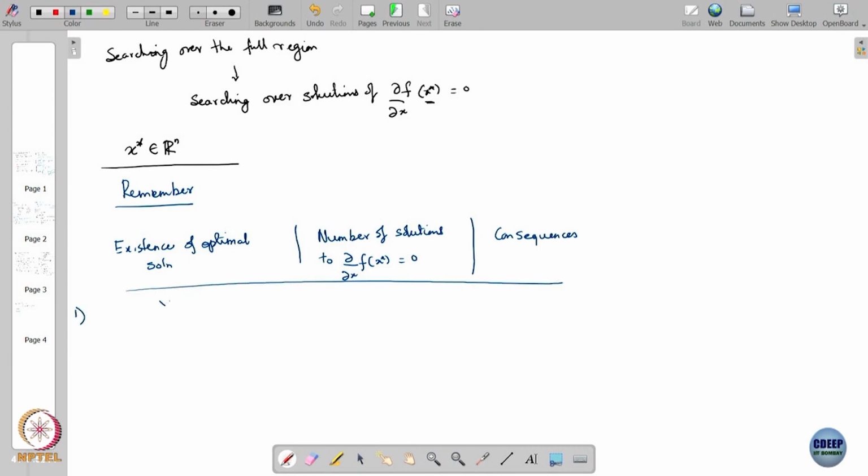So, suppose there is an optimal solution. Now, if there is an optimal solution, then we know that it must satisfy that its derivative is equal to 0. If there exists an optimal solution, this must be true. And now, suppose there is only one solution to this bunch of equations. So, there are these nonlinear equations. We know that these nonlinear equations must be satisfied by the optimal solution, but there may also be other points that solve these nonlinear equations, right.